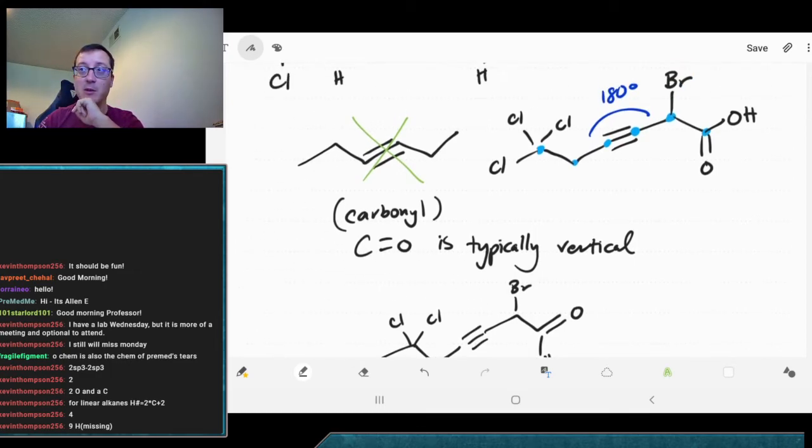Typically a C double bond O is vertical. So again, I don't care. Either one will be okay. You'll see me, however, drawing it pretty much only the top way, but it's totally okay to do it whichever way you want. All right. Any questions on that one?